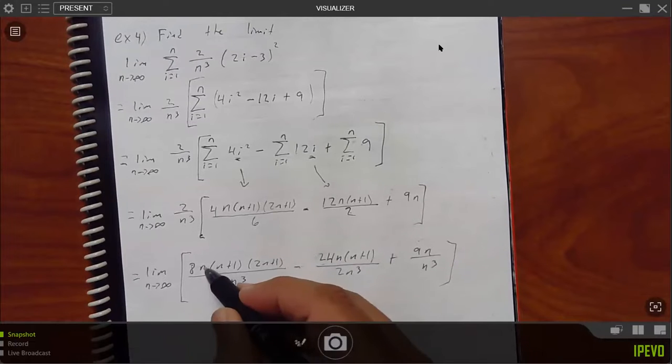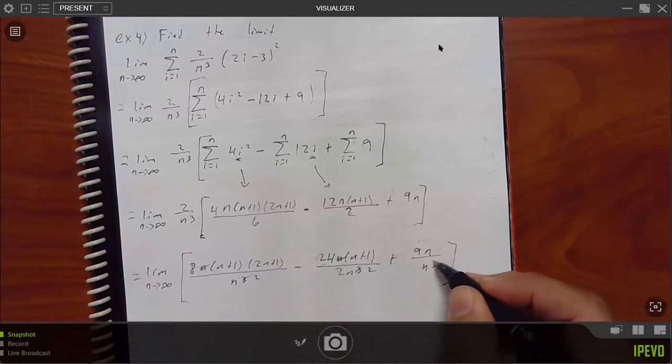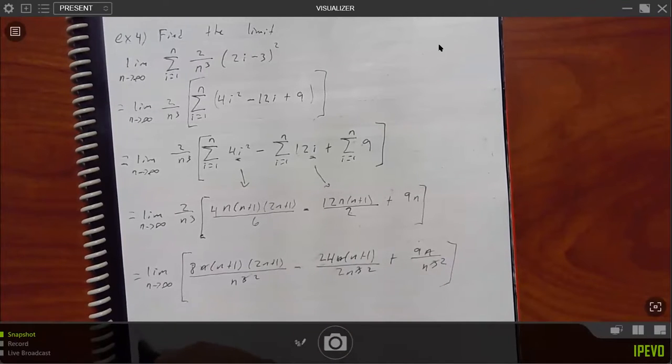So let's reduce this. This will be square, another square, square. So we get a limit as n approaches infinity of 8 times n plus 1 times 2n plus 1 over n squared minus 24 times n plus 1 over 2n squared plus 9 over n squared.